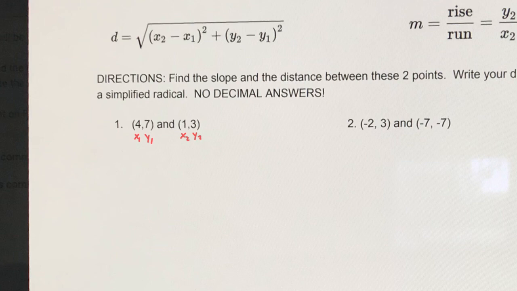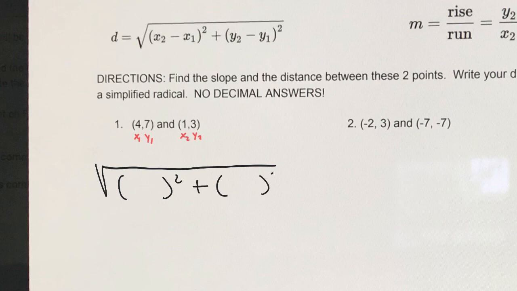Now, some of you might be wondering, could I have called this x1, y1 and this x2, y2? And the answer is yes. It actually doesn't matter which one you call x1, y1. Just go ahead and pick one, call it x1, y1, and then call the other one x2, y2. So we're going to set up the stage. I'm big on setting up the sort of exoskeleton of everything. This is just me.